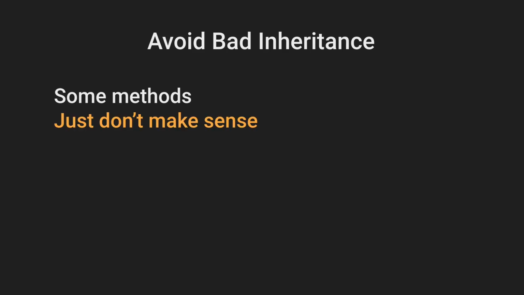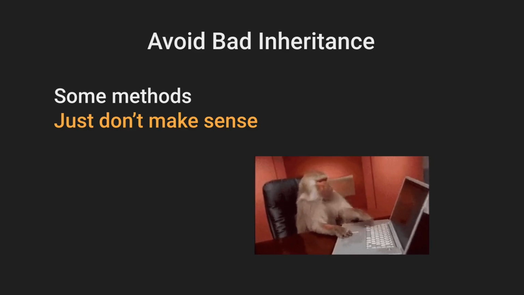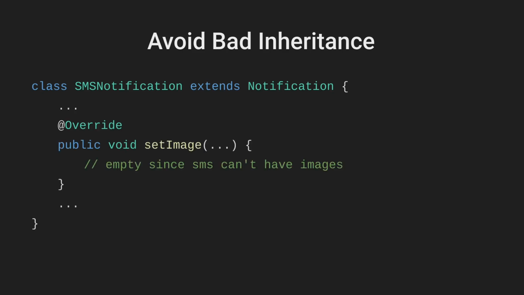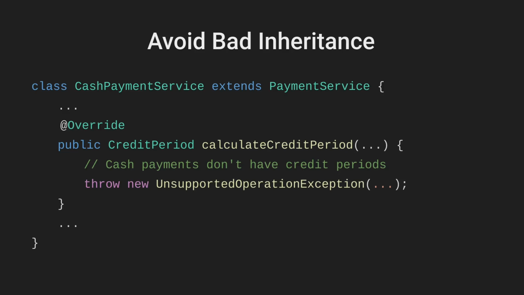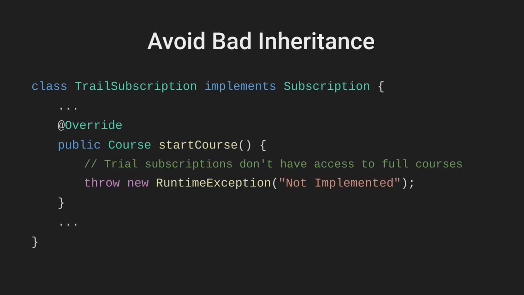You might have come across these scenarios where some methods just don't make sense in the given context. For example, some SMS notification class extending from some notification class has an empty setImage method, or some cash payment service extending from payment service throwing unsupported operation exception, or some interface implementation throwing runtime exception for unrelated functionality.